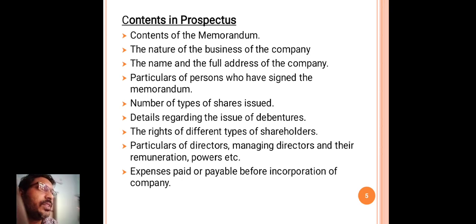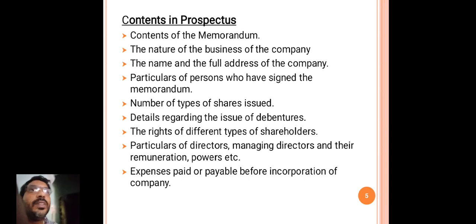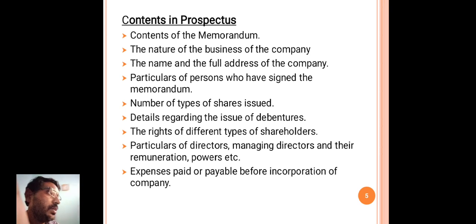Each and every shareholder has rights in the company, and there are some responsibilities also. We already know that the shareholder invests the capital in joint stock companies, so the shareholders are called the owners of the company.